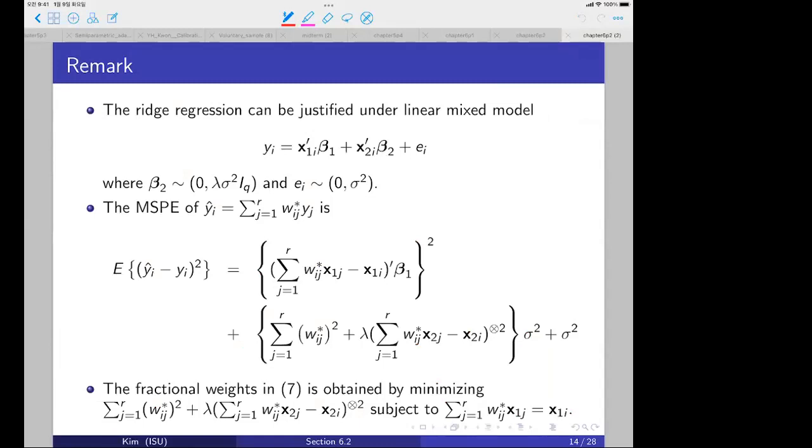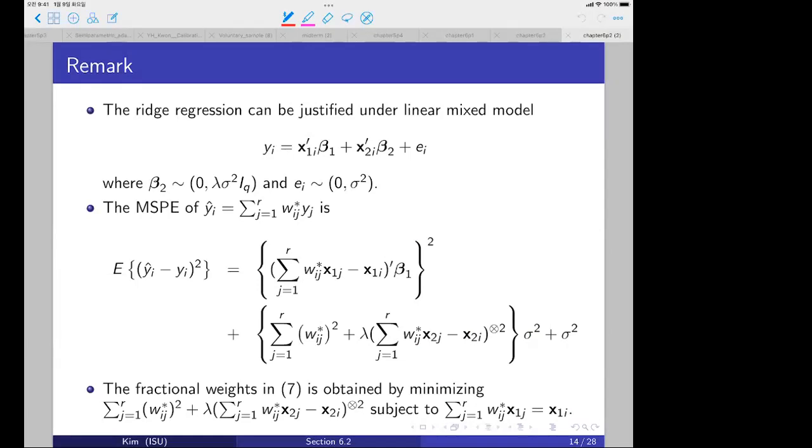So you can do the same thing, right? You have a mixed model now, and then compute the mean square prediction error, and then you get the same form. Previously we just had this term and this term, but now we have this term. Previously this term was a constraint, but now this term moves to the objective function. We still want to do balancing, but not as a constraint.